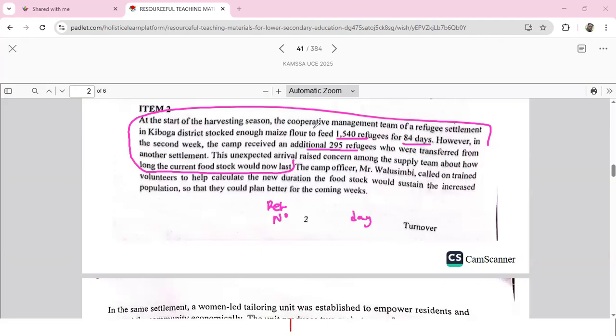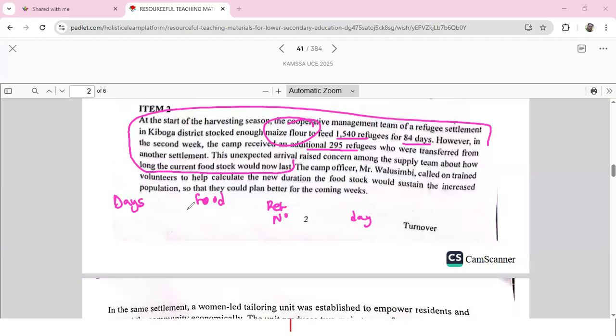So what happens when you have more people coming in and the number of days? Which kind of relation do we have between the days and the food?